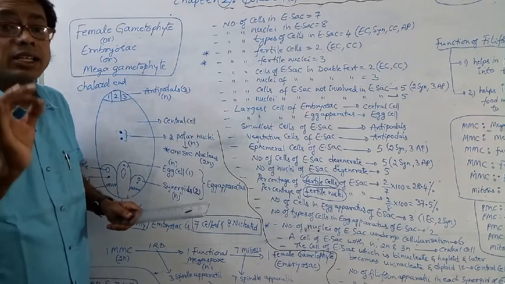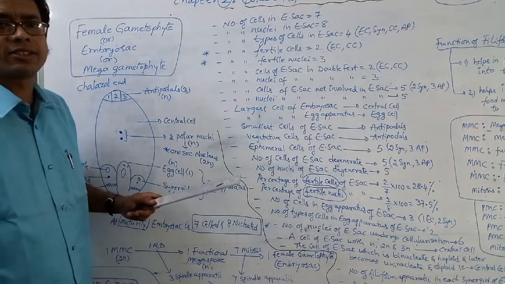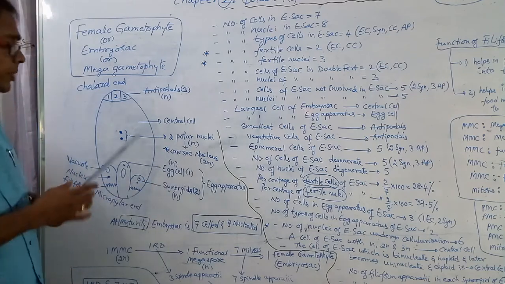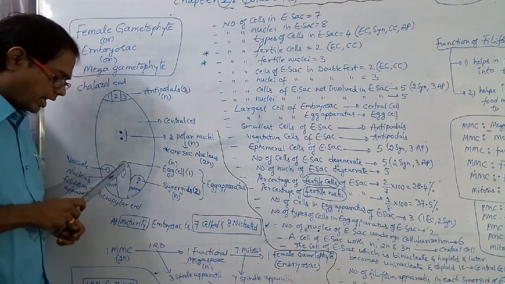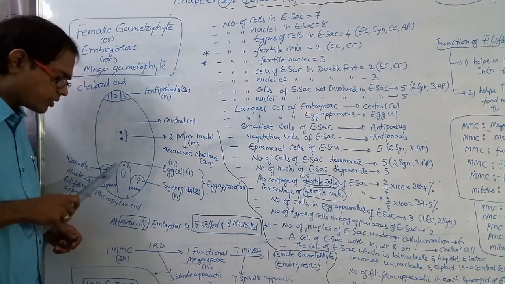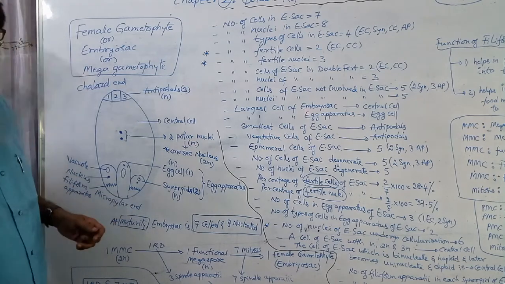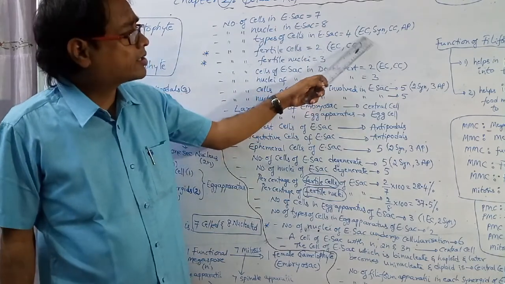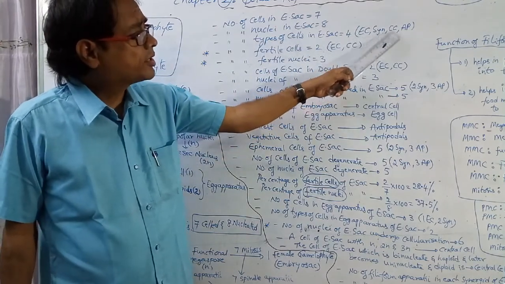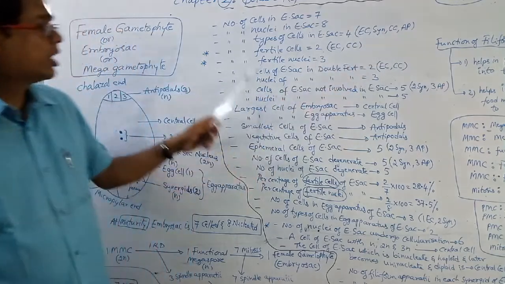I am asking not cells, but types of cells. Antipodals, one type; central cell, one type; egg cell, one type; synergids, one type. The number of types of cells in the embryo sac is 4: egg cell, synergids, central cell, antipodals.